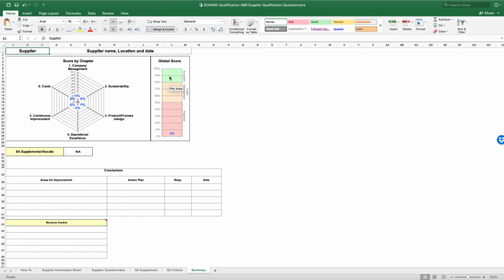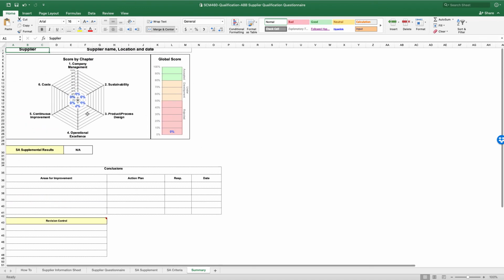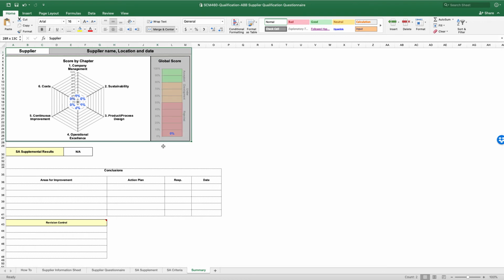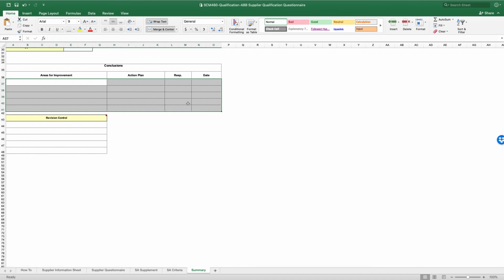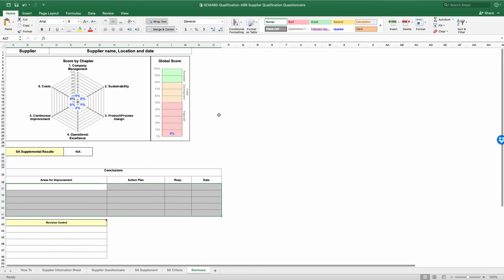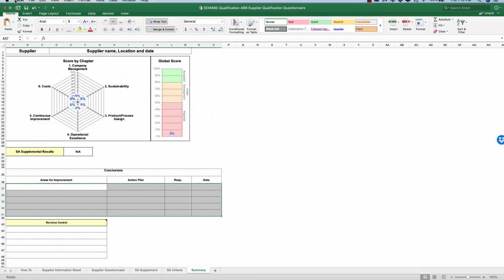If it is between 80% and 100%, the supplier will be accepted with a very high score. And of course, this is shared with the supplier. The supplier is given feedback also in terms of areas that need to be improved, which type of plan we need to put in place to improve it, and some actions that need to follow in order to achieve this improvement.